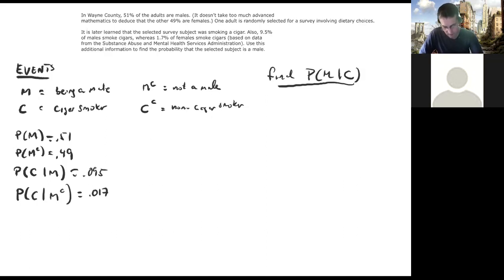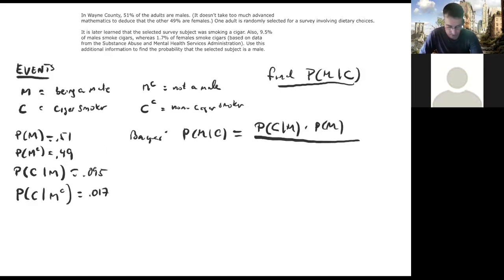So now, what does Bayes tell us? Bayes tells us that the probability of a cigar smoker being male is given by the product of the probability of a male being a cigar smoker, given a male, times the probability of being male, divided by the probability of being a cigar smoker.